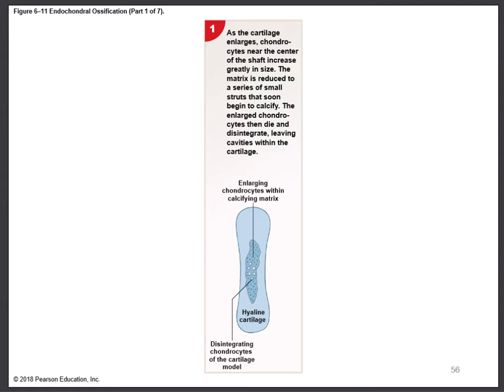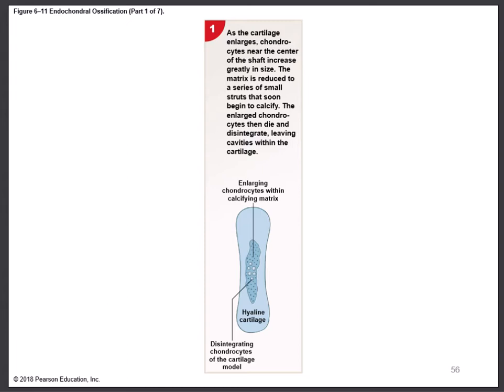Those are the cells of cartilage. They live here in the middle, and they get bigger and bigger. They grow, they increase in size until there's just a little bit of cartilage between the cartilage cells. Eventually, since the cartilage doesn't have a blood supply, these cartilage cells die, leaving these large cavities.